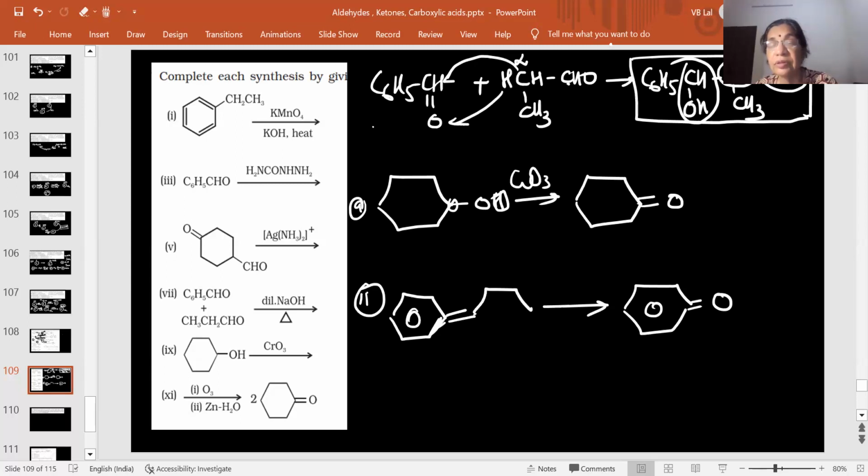You connect two benzene rings with a double bond. So if I do ozonolysis, H2O and zinc dust, it will break here. I told you where there's a double bond, cut it. So it will break here and you will get this compound, 2 of them. Okay, so that is the 11th one.